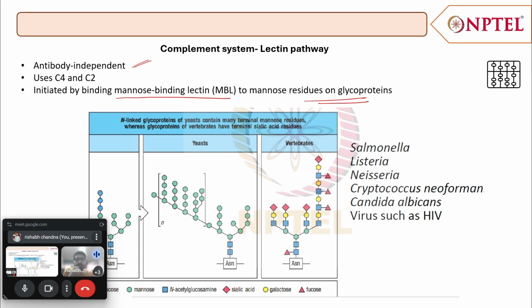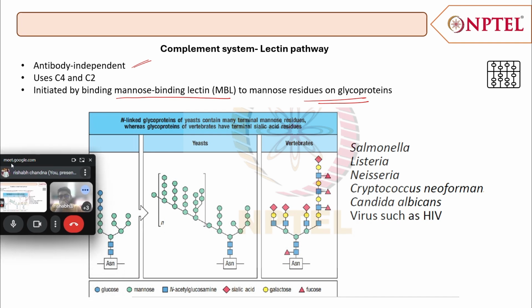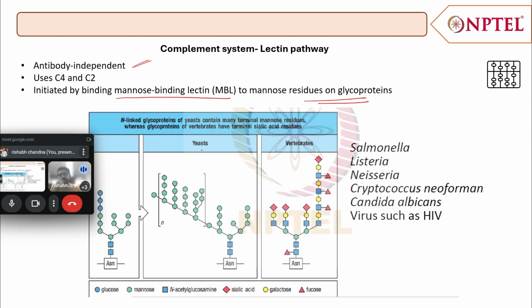As you can see here, these green colored circles are the mannose. So yeast proteins have many more terminal mannose residues as compared to the vertebrates.